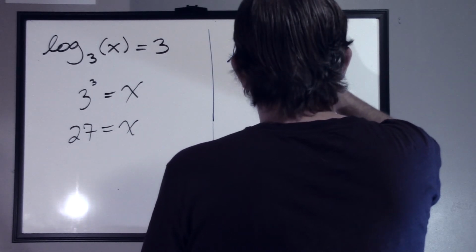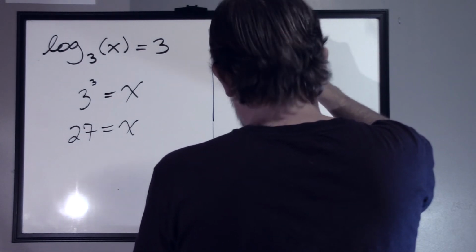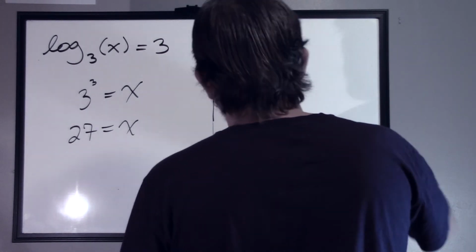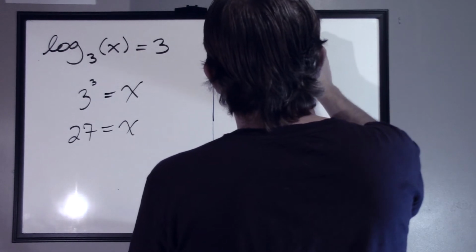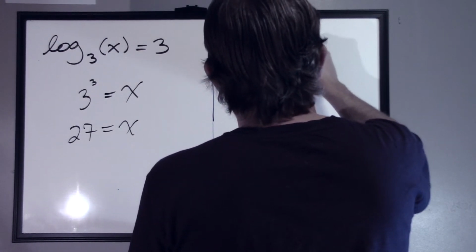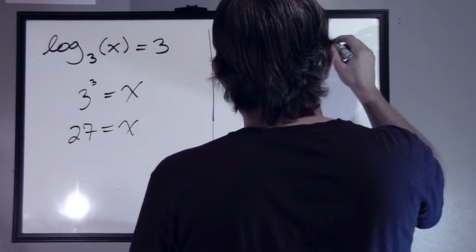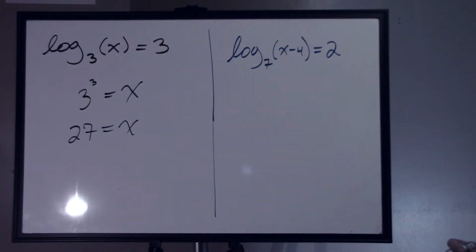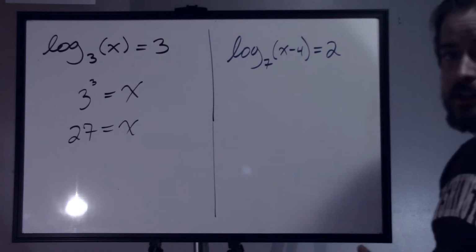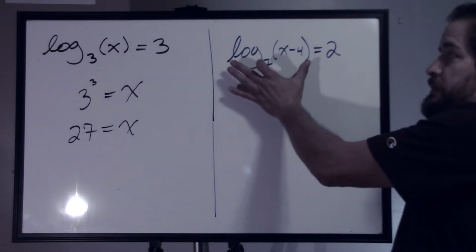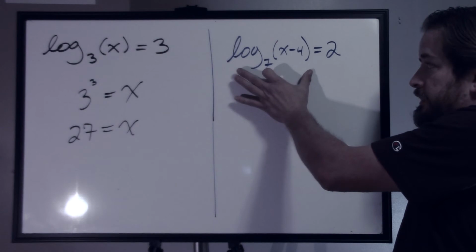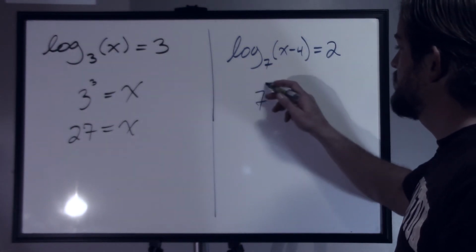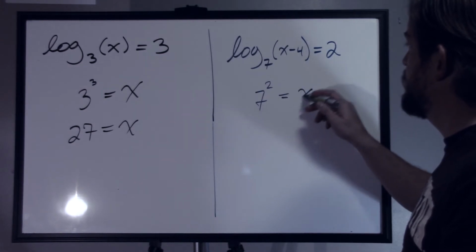Let's say we have the log base... Let's do something different than 3. Let's do the log base 7 of x minus 4 equals 2. Well, the log is isolated. It's the log of an expression, but the logarithmic expression itself is isolated, and so I can rewrite that as 7 to the 2 equals x minus 4.